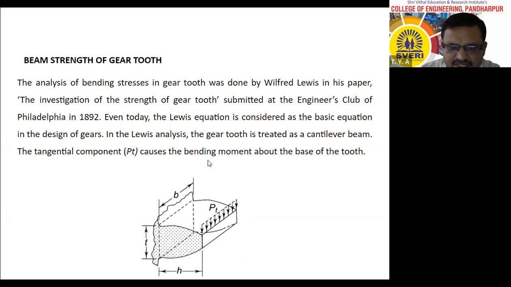The analysis of bending stresses in the gear tooth was done by Wilfred Lewis in his paper, The Investigation of the Strength of Gear Teeth, submitted at the Engineers Club of Philadelphia in 1892. Even today, the Lewis equation is considered the basic equation in the design of gears.